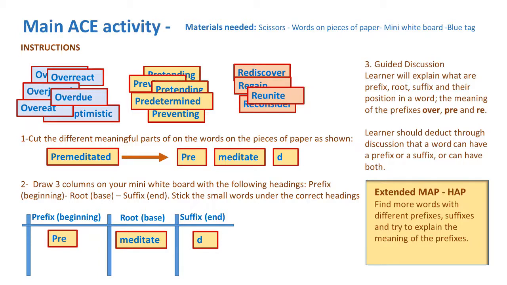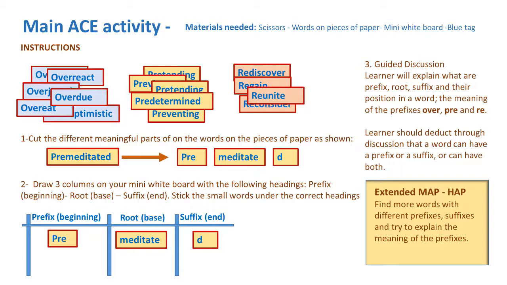Using a guided discussion, the child will explain what is a prefix, a root, and a suffix, and their position in the word. He will try to explain the meaning of the 3 prefixes of the task: over, pre, and re.